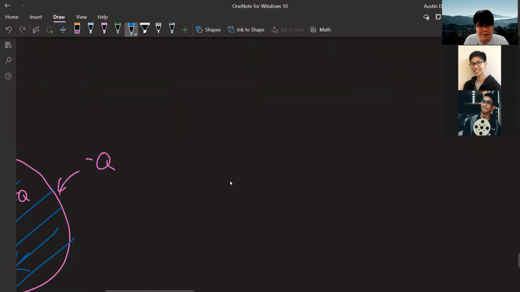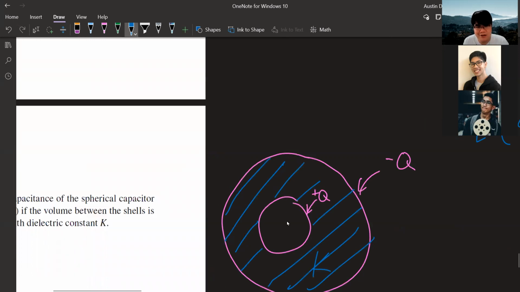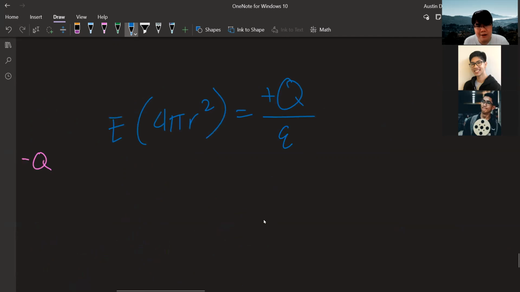So using the same thing, E times 4 pi r squared, ganun pa rin, must be equal to Q, yung naka-sprinkle dun sa conductor ko. Then I would just have epsilon. My field is now Q over 4 pi epsilon r squared.